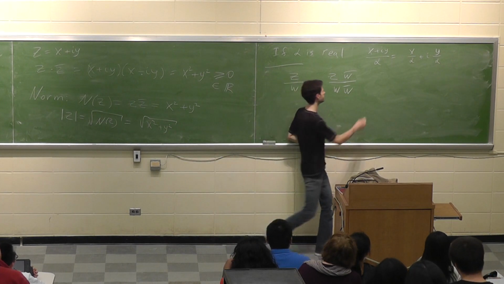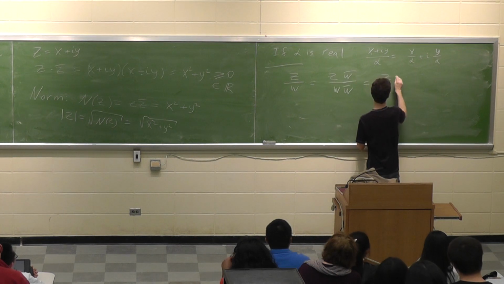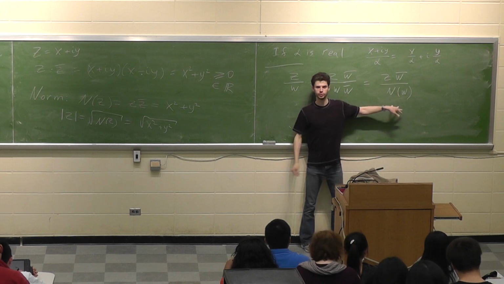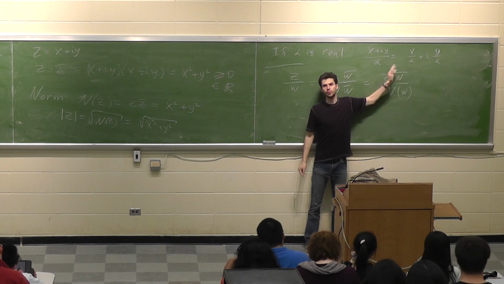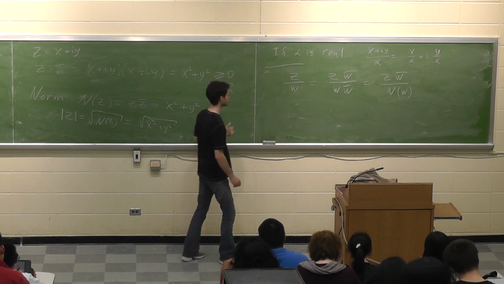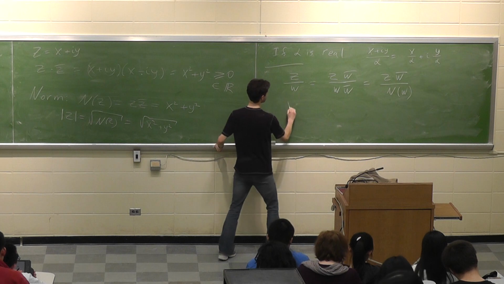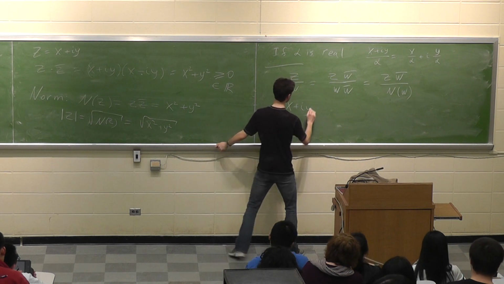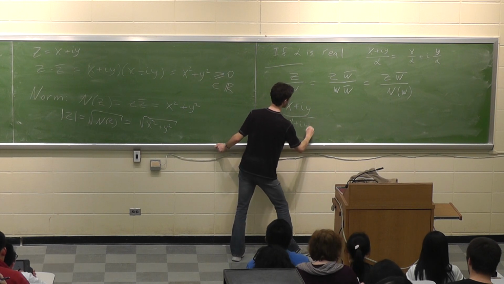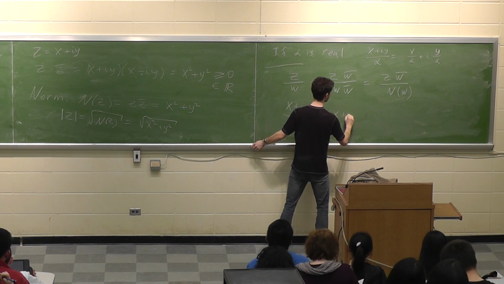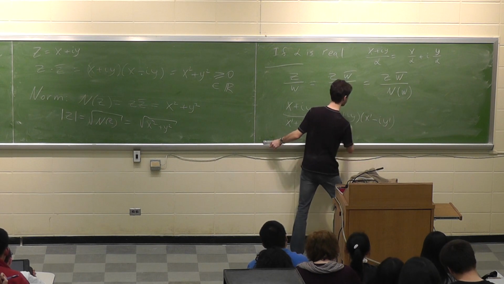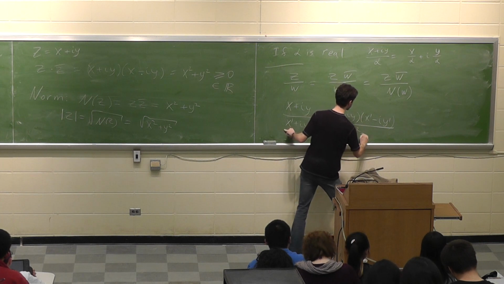But in this way, it's z times w conjugate divided by the norm of w. The norm of w is a real number, and this is a complex number. So you know how to multiply complex numbers. If you wish, let's compute the answer: x plus iy divided by x prime plus iy prime, we get (x plus iy)(x prime minus iy prime) divided by x prime squared plus y prime squared.